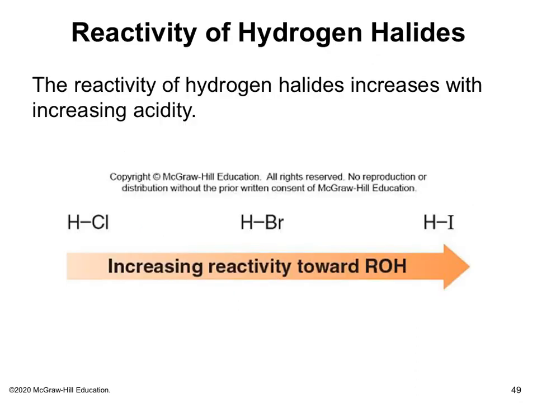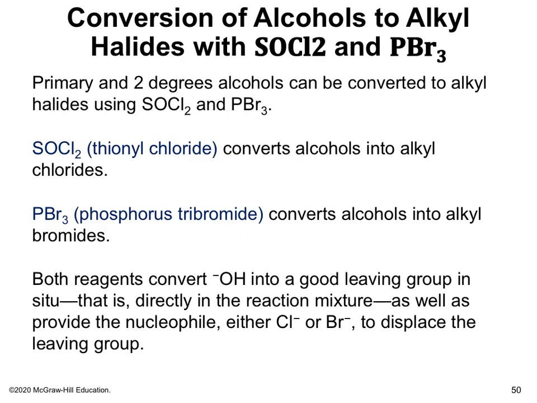Okay, so the reactivity of hydrogen halides increases with increasing acidity. We discussed this. Ways to convert your alcohol into alkyl halides, and you need to know these reagents and mechanisms.